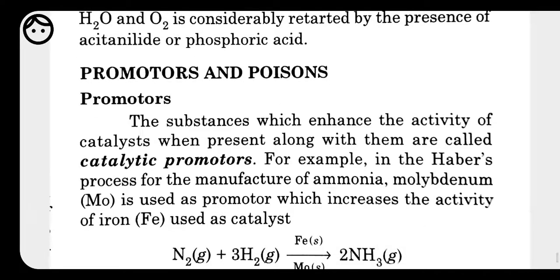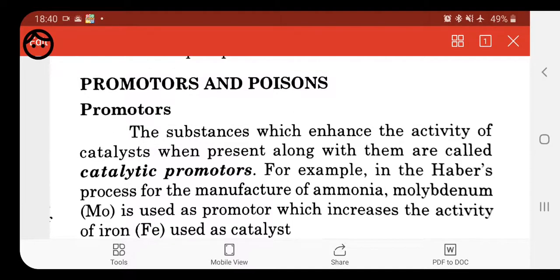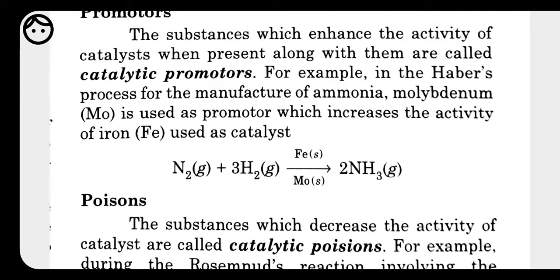Now we have promoters and poisons. Promoters are substances which enhance the activity of a catalyst when present along with it, and are called catalytic promoters. Like Haber's process, which is the formation of ammonia by taking N2 and H2. On mixing N2 and H2, we get NH3.